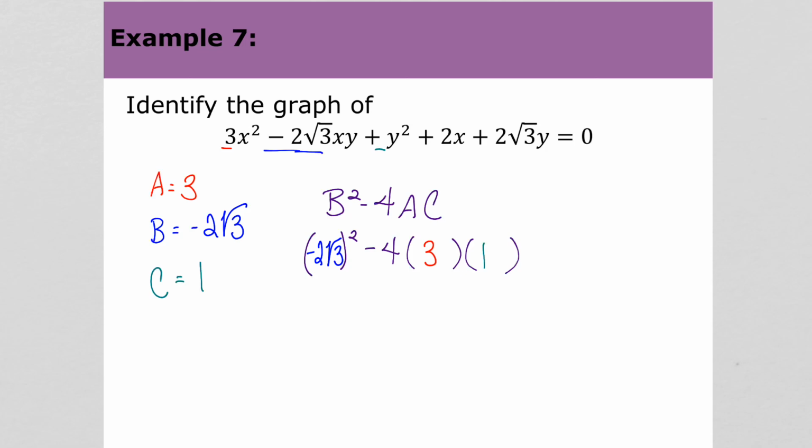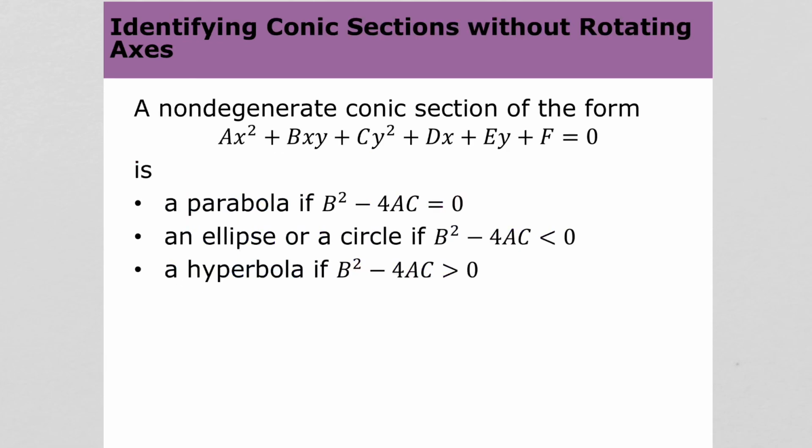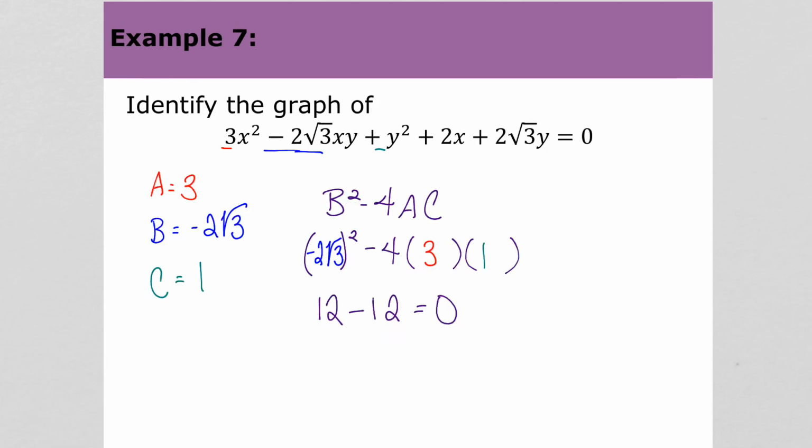And -2 squared is 4, so 4 times 3 is 12. And then -4 times 3 times 1 is -12. That gives us 0. So according to this, then we must have a parabola.